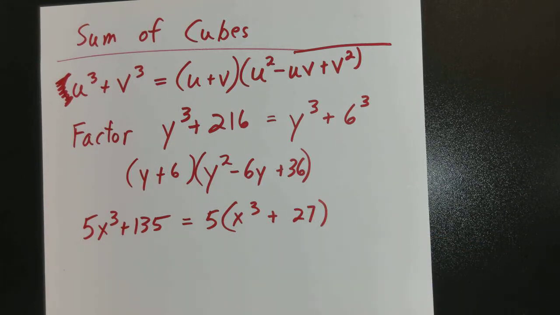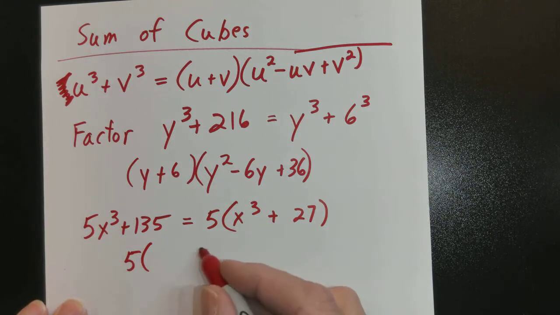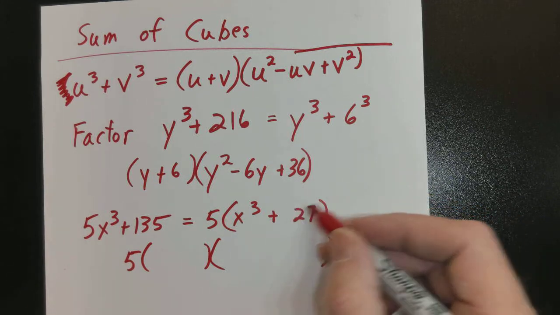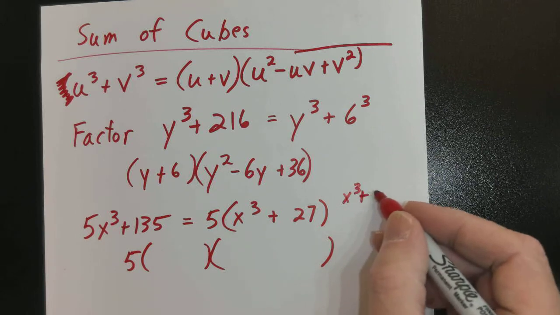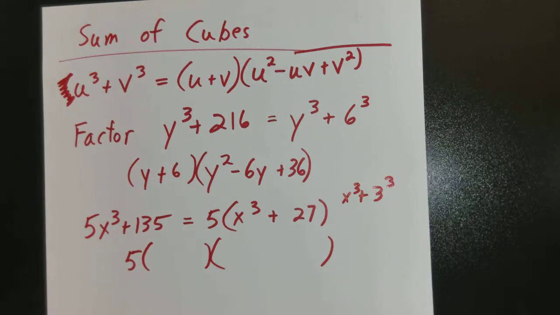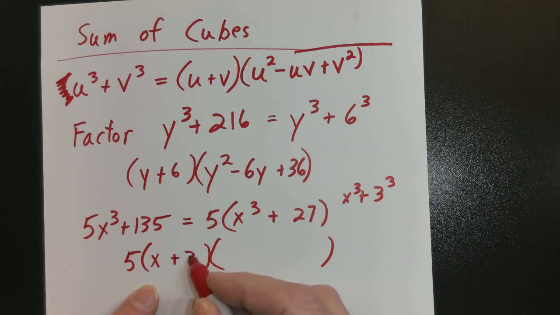All righty. Now, let's leave the 5 out here. 27, a perfect cube? Yep, Pete, what is it? 3 to the third power. All right. So let's put our x plus 3 here.